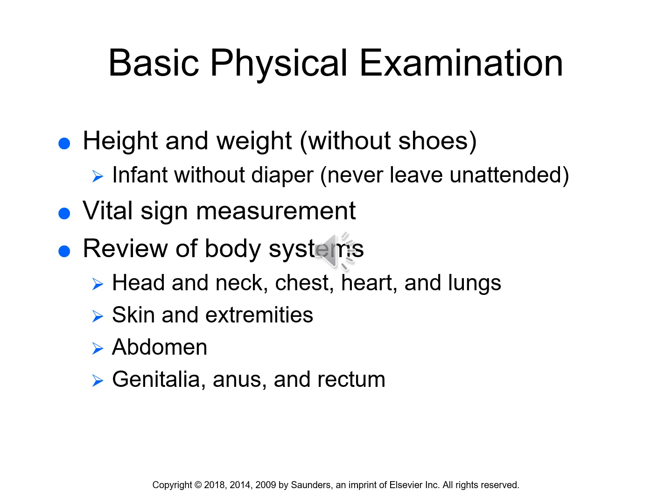So remember those, your heart rate, your respirations, your blood pressure, your temperature. Remember, pain is considered your fifth vital sign. Also, when you're doing vital signs, you can do the O2 saturations as well. And basic physical assessment can include head, neck, chest, heart, lungs, skin, extremities, abdomen, and genital. And we'll go through each of these here in a second.